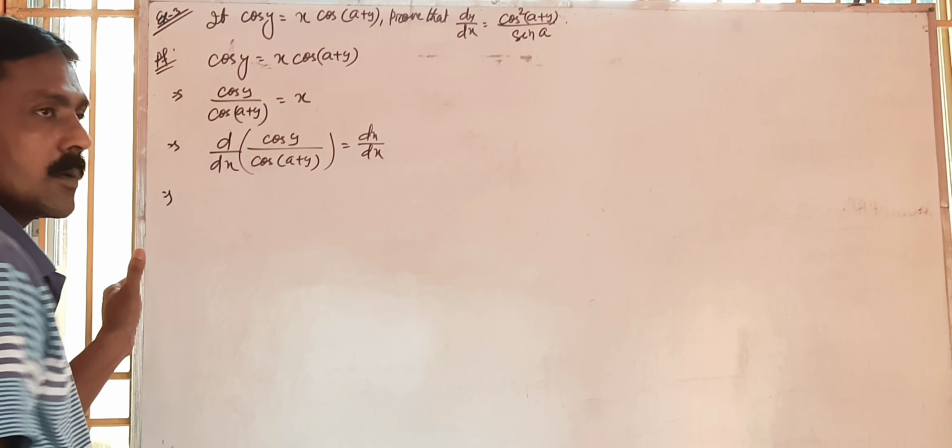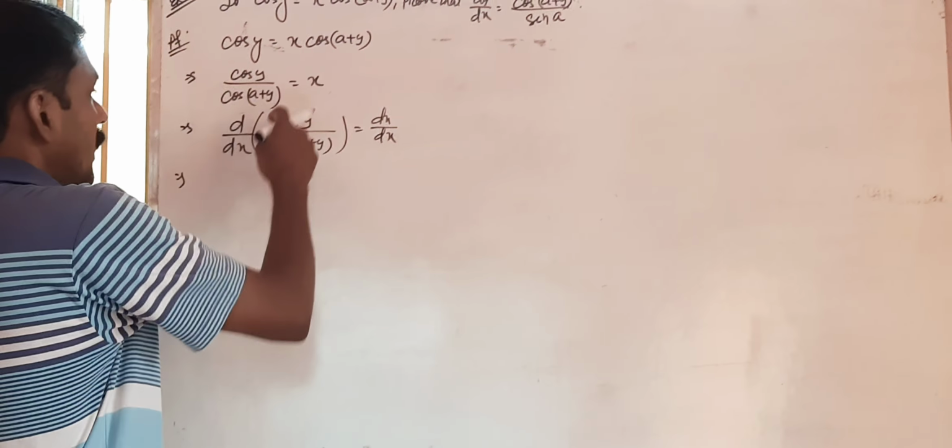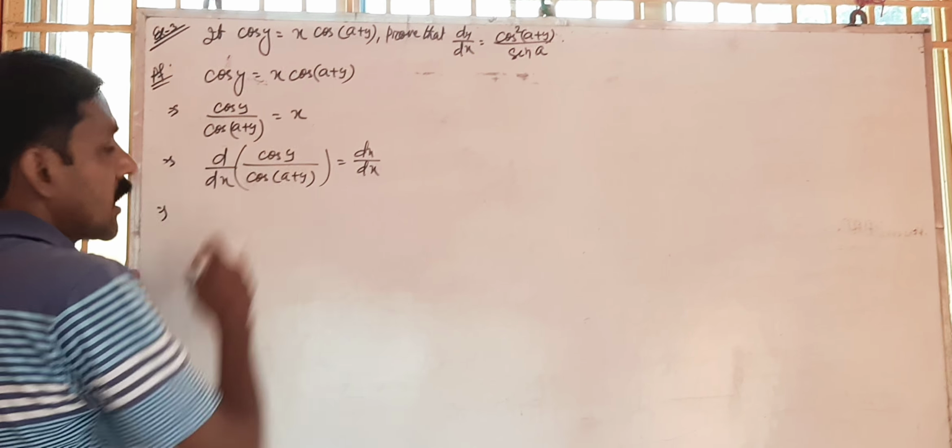Now here we will use the quotient rule. And it is an implicit function, it contains y.